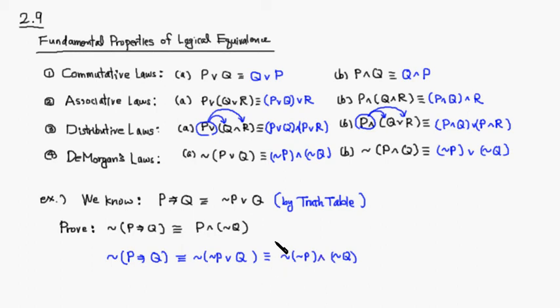A double not is the same as not taking a negation, so the double negation is simply P, and not Q. So you can see that the negation of P implies Q is equivalent to P and not Q. So we could establish this logical equivalence. This is an example of the use of fundamental properties. That's it. I hope that this was clear.